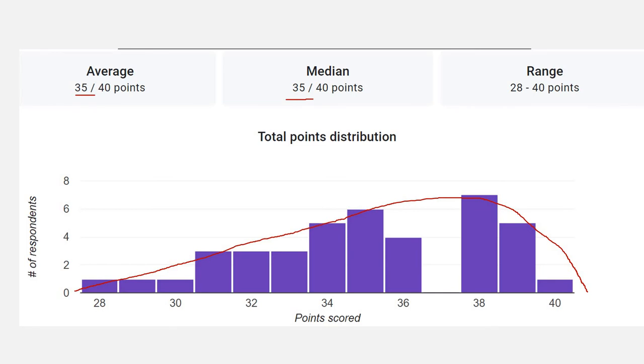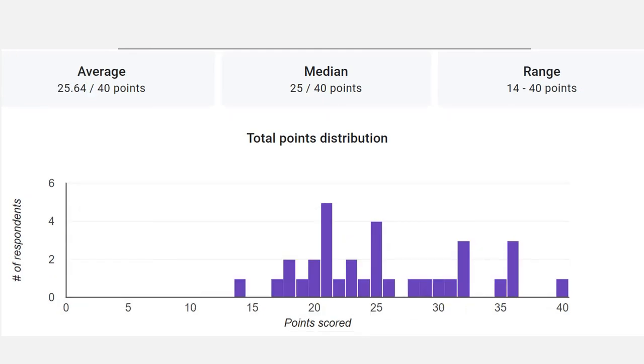But we also have to analyze that the perfect score is 40, so all of them were able to get above the passing score. If the passing score is 60%, then 60% of 40 is 24, but the lowest score is 28. So it would mean that all of the students here passed the examination.